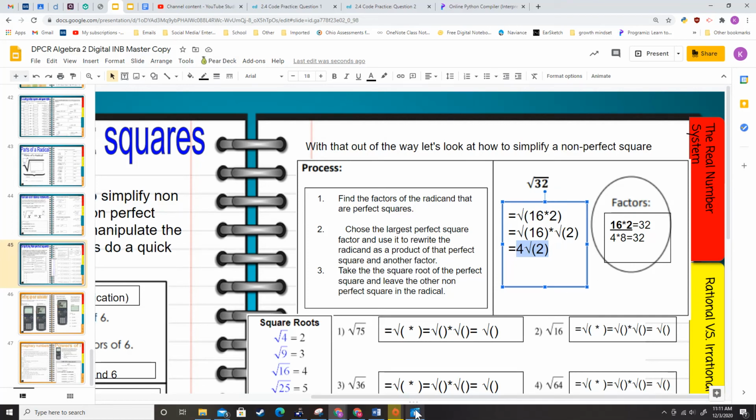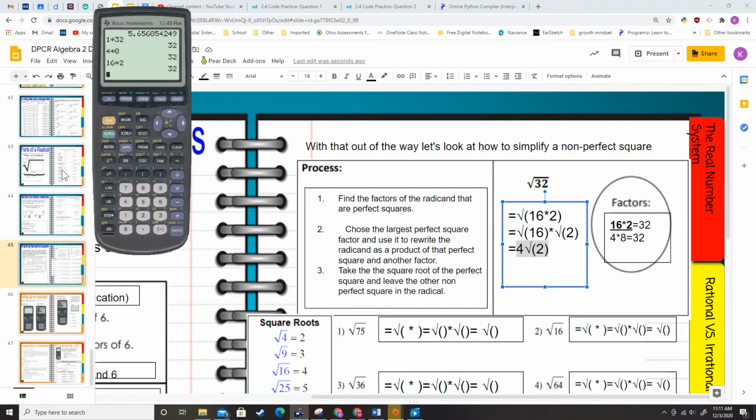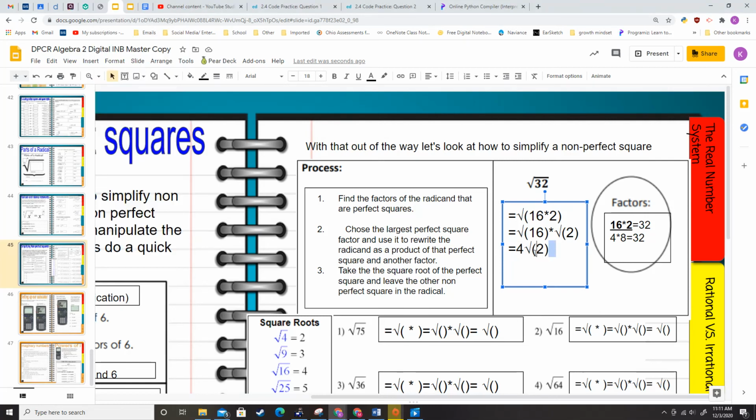So let's go through and check that out. All right, so let's back it up. We got the square root of 32 is 5.65, so on and so forth. Now, if I wanted to double check this, I need to see if 4 times the square root of 2 gives us this same decimal. If it does, that means that this is an easier way of writing this out.